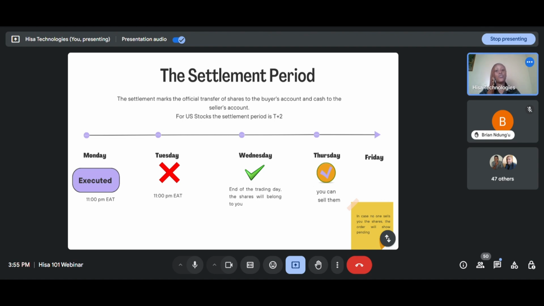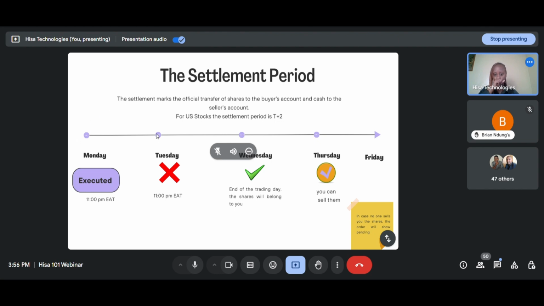All right. So for US stocks, the settlement period is T plus 2. So let's say that you place an order on Monday at 11 p.m. East African time and the order is executed. How long does it take for you to start thinking about selling these shares? Will you be in a position to sell on Tuesday at 11 p.m.? No, because that will be T plus 1.